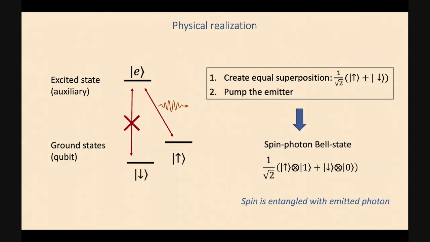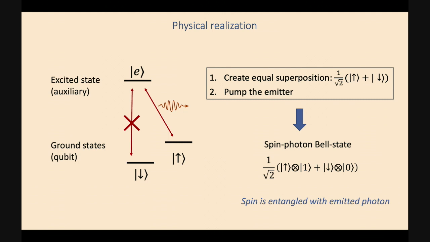All right, so before I show you how you can scale this to large-scale quantum networks, let's see how you would actually implement it with physical systems. So you can imagine some physical, let's say an atomic quantum system or a color center in a solid that has two lower levels, which you can distinguish, that you can think of as the qubit states of this physical platform.